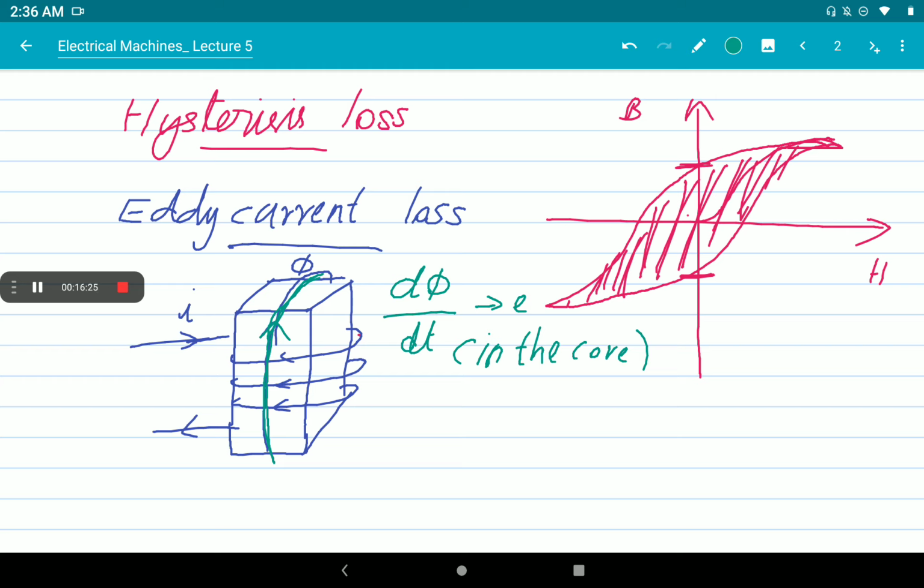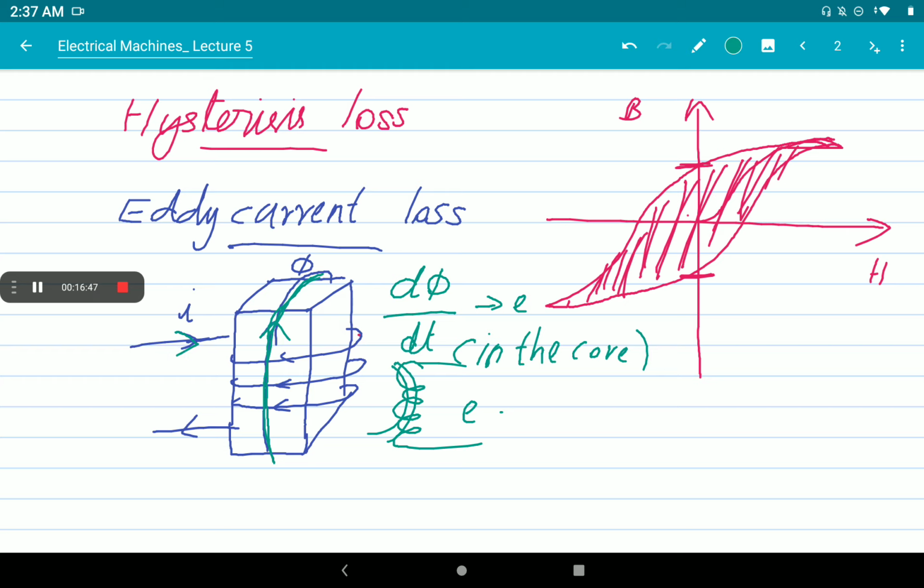If another coil is placed near this core, a mutual induction EMF will be produced in that coil also. Anyway, this induced EMF is due to the alternating flux in the core.